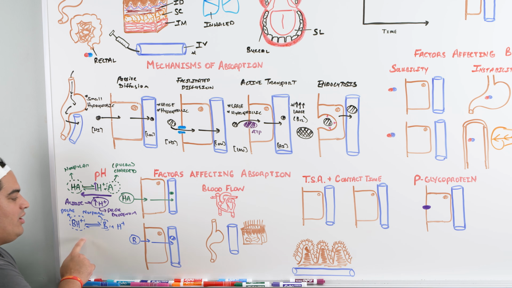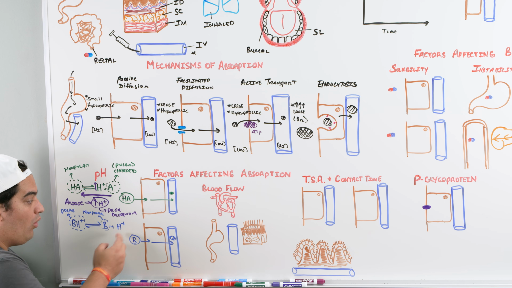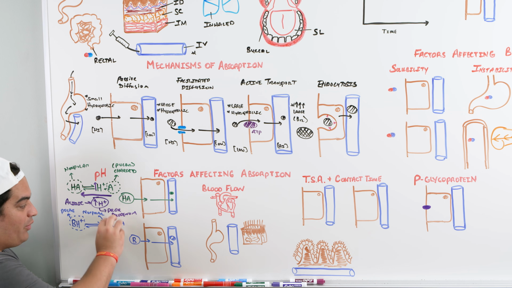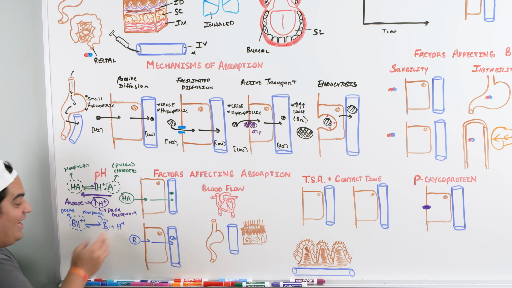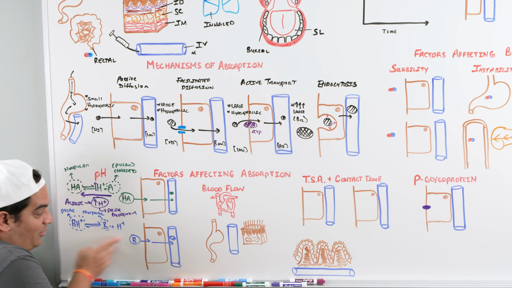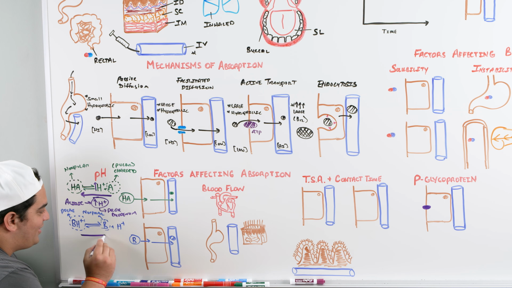So what do I need to do to the environment? Well, I need to shift this reaction this way. Or the other way to think about this is to decrease the concentration of one of these things in the environment, maybe lowering the amount of protons. That will decrease this side, so then the reaction shifts this way. The whole goal here is to shift the reaction in this direction.